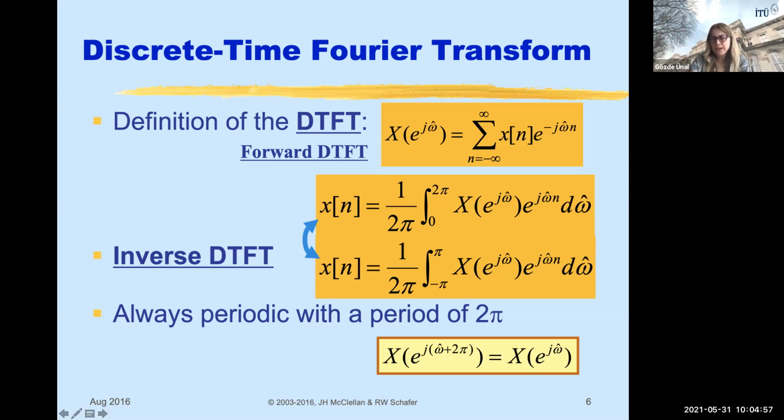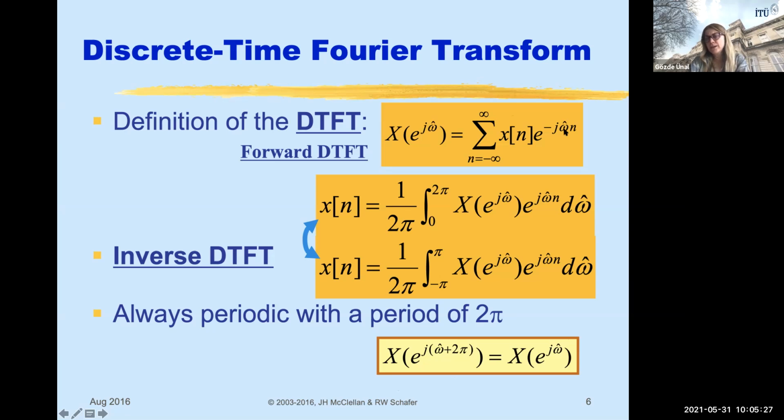This means when I add 2 pi to my omega hat, I'm incrementing omega hat by 2 pi, but its effect on the spectrum is the same. So I'm really coming back to the same place. This discrete time Fourier transform is always periodic with 2 pi.